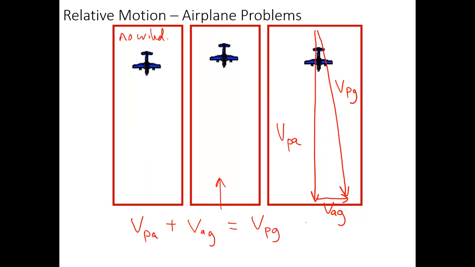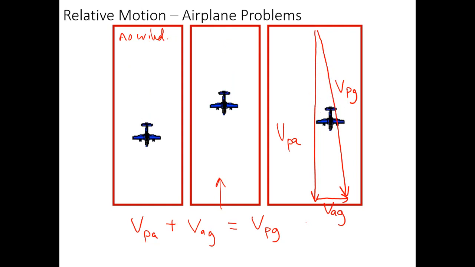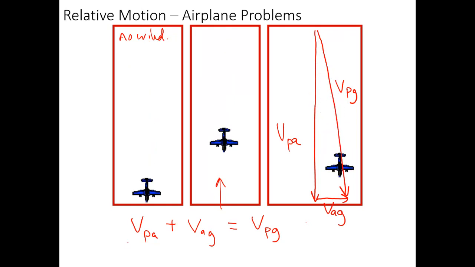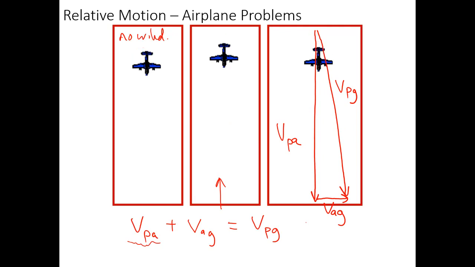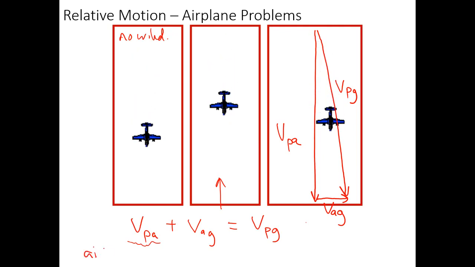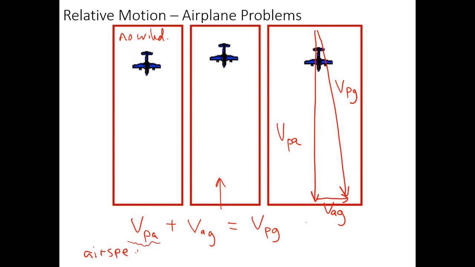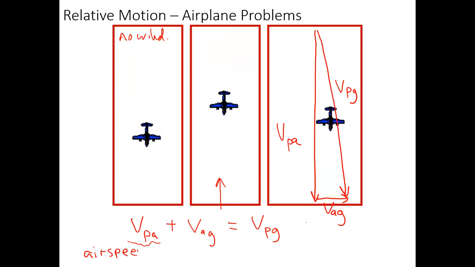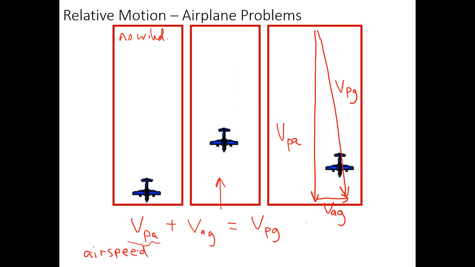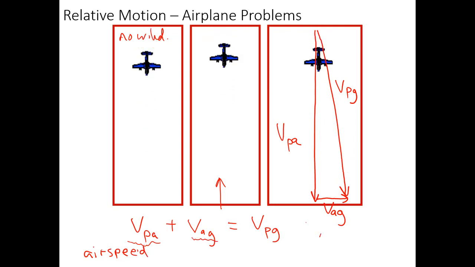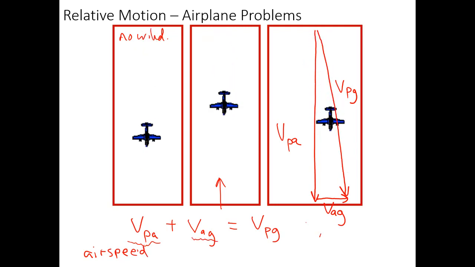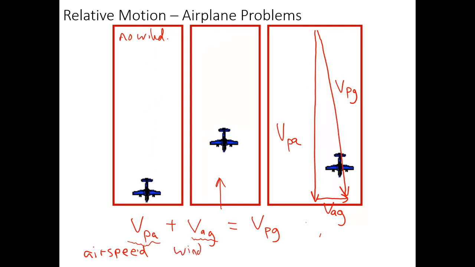Okay, and then if we add some extra words here. Normally what we call this first one, the plane relative to air, is the airspeed. That's the airspeed of an airplane. It's what it's designed to fly. The other thing, the velocity of the air relative to the ground, we call wind speed.